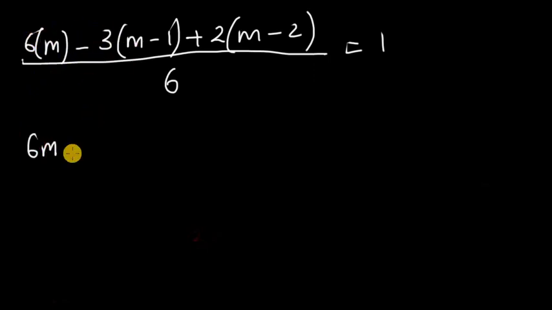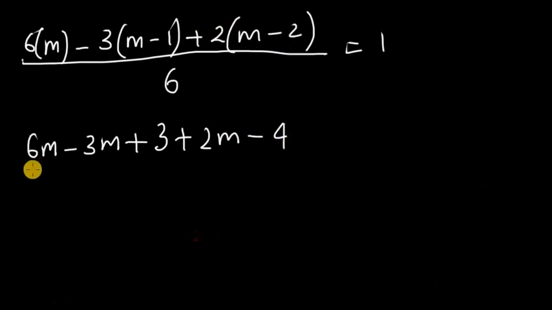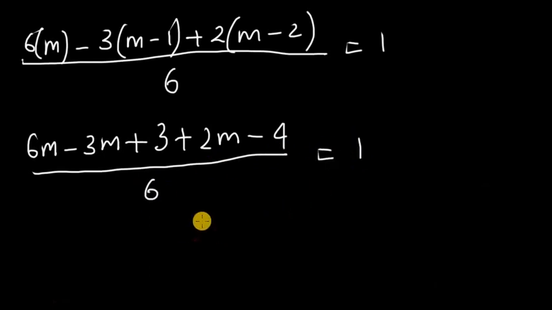Then minus 3 into m, that is minus 3m. And minus 3 into minus 1, that is plus 3. And then plus 2 into m, that is plus 2m. And then plus 2 into minus 2, that is going to be minus 4. All divided by 6 equals 1.